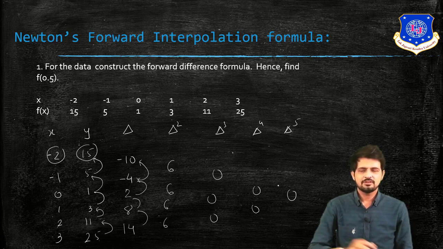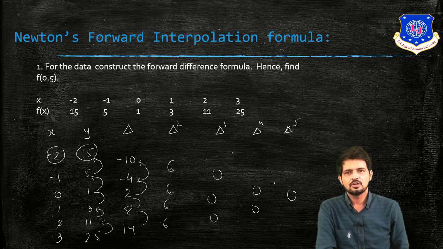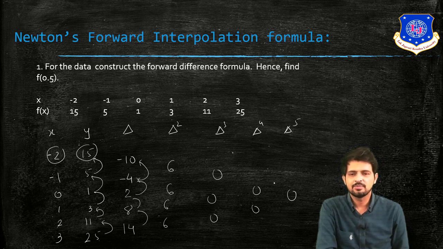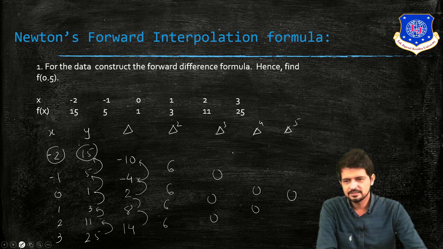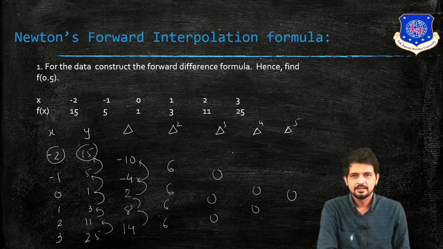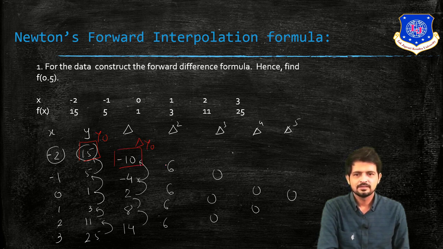Fine, so this is our forward difference table. Now which values of the forward difference table do we have to take? If you remember the formula, we require this value first. This is our y0. We have to take the first values of the table.